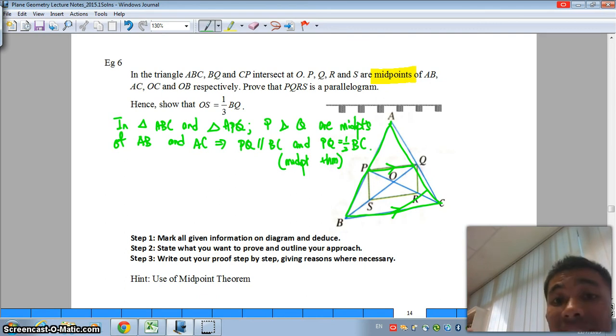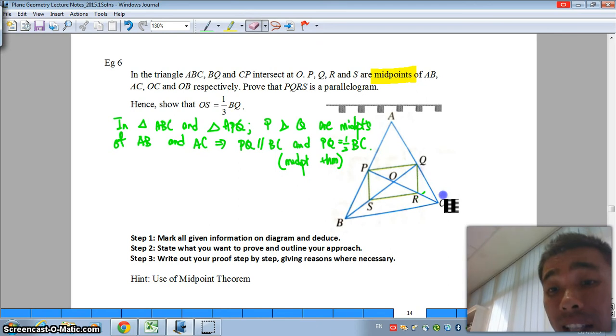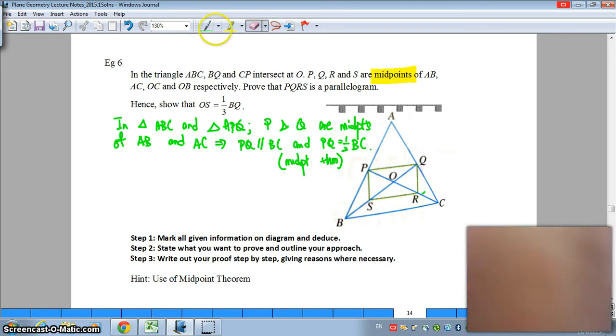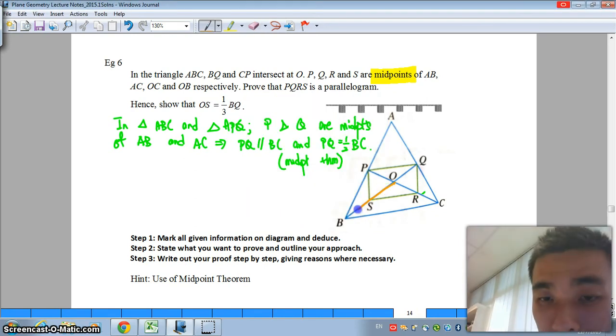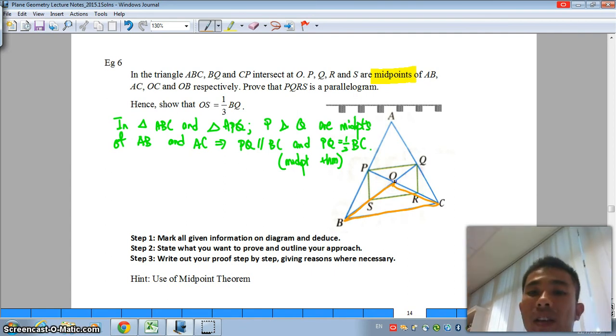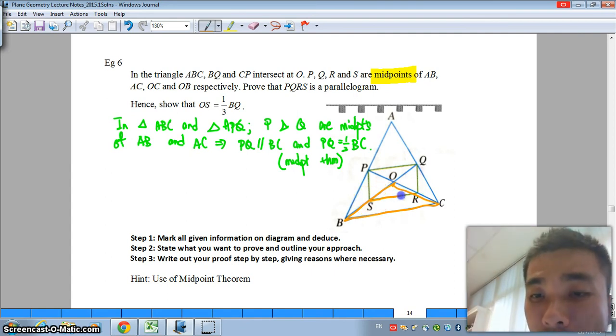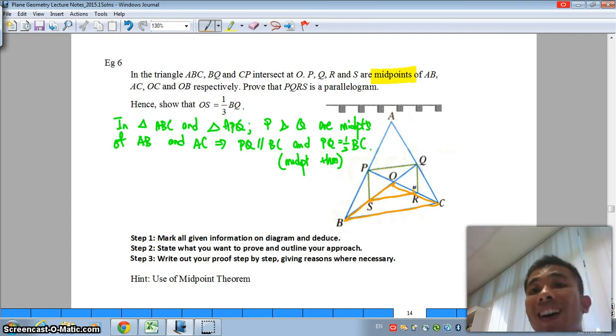I'm quite certain these are not the only two midpoints given to you. Let us take a look at another one. There is a smaller triangle that we can look at: triangle OBC versus triangle OSR. Same thing, we're going to write in the same format.